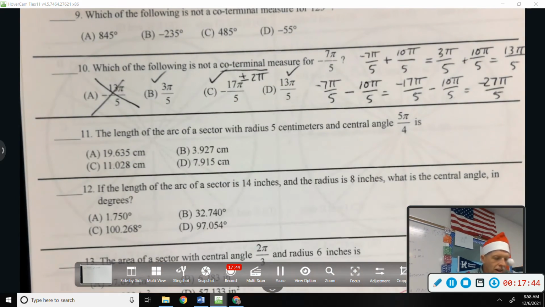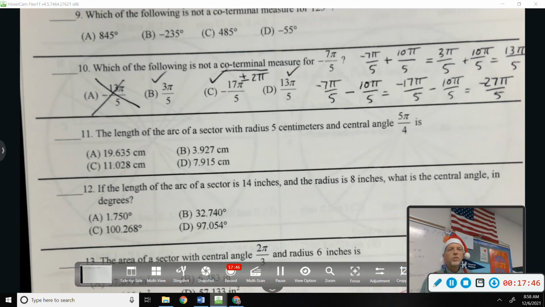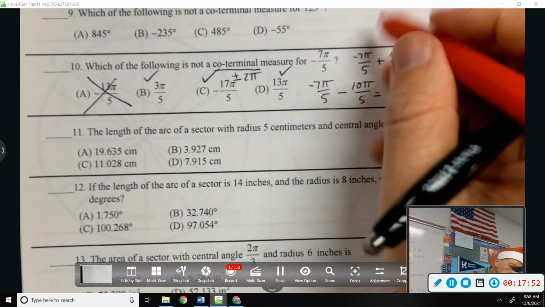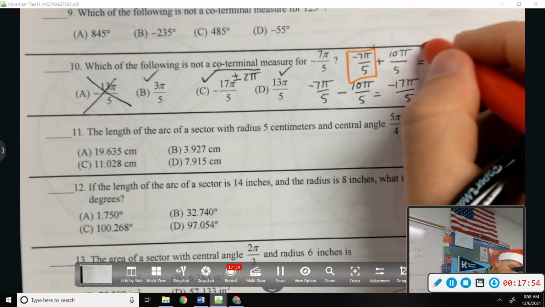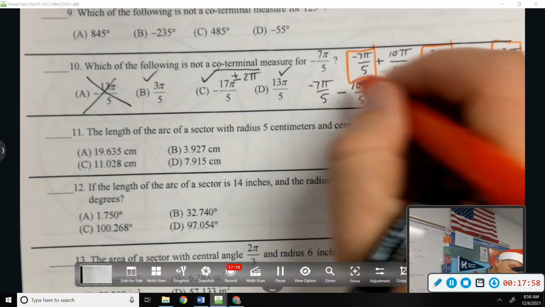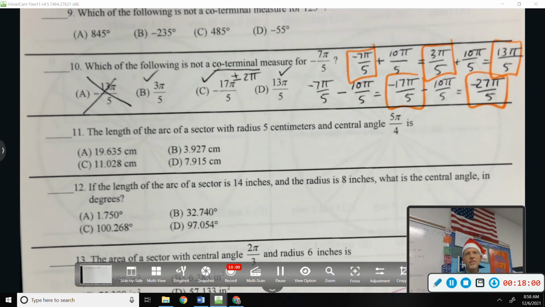So yeah, not A. So all of those angles land at the same spot. Negative 7 pi over 5, 3 pi over 5, 13 pi over 5. Like all of these are coterminal. They have the same landing spot. Different ways of getting there, but the same landing spot.